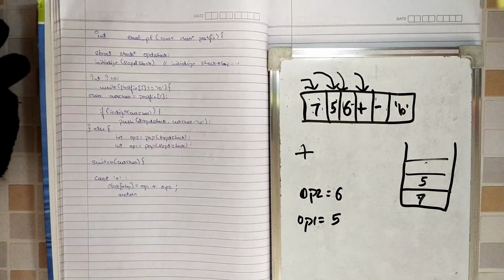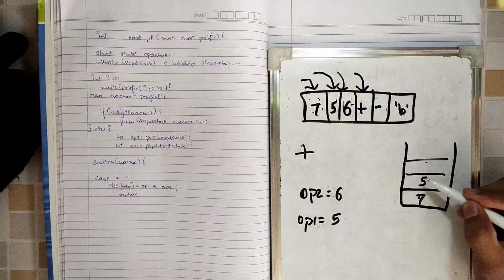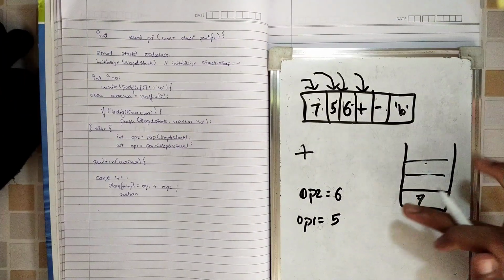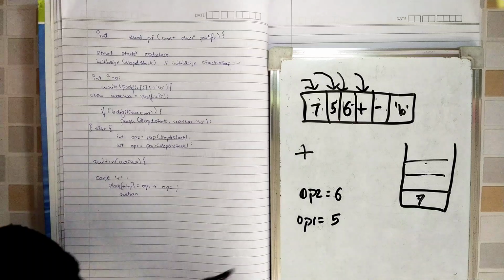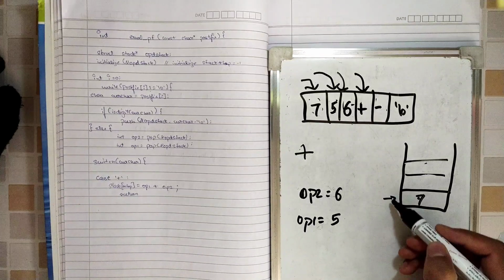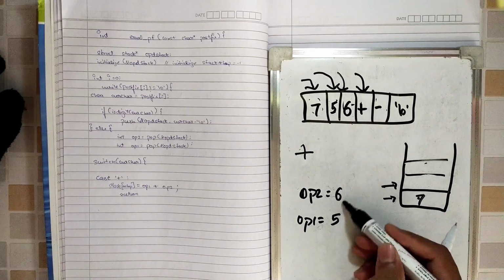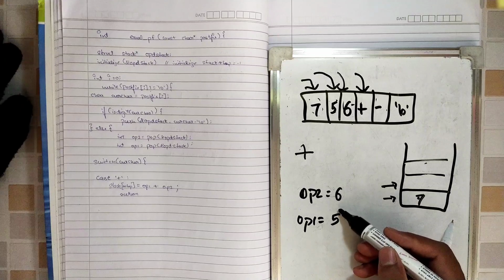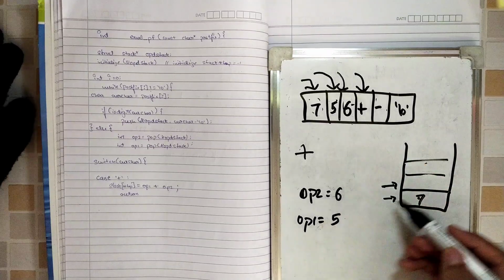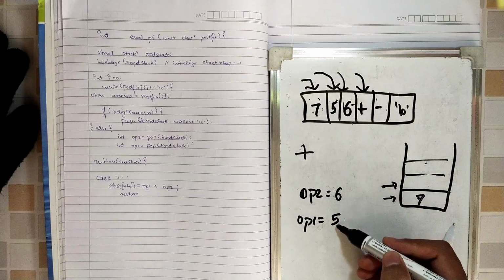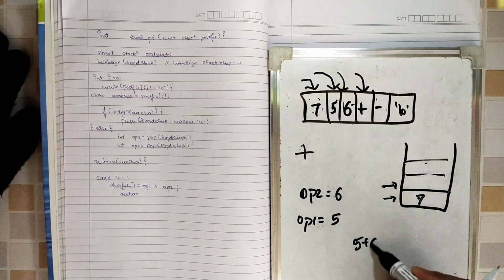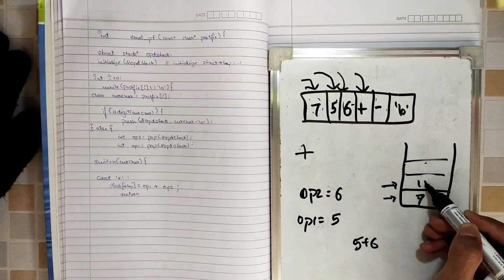Stack of ++top means first we increment and then we put. Since we popped, my stack was here. After popping 5, my stack was here. So first I increment here, and then whatever operation I performed, I put here. Since it was plus, 5 plus 6, that is 11, it will be pushed here.